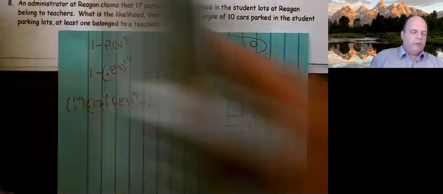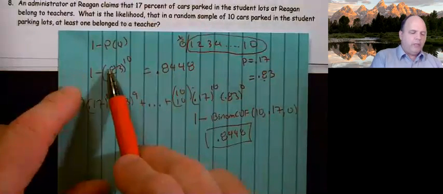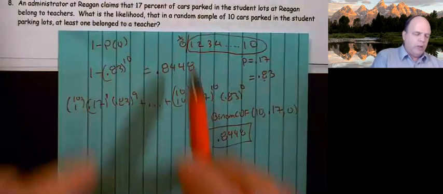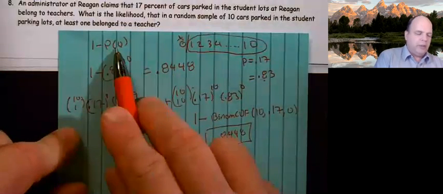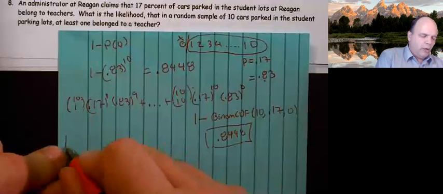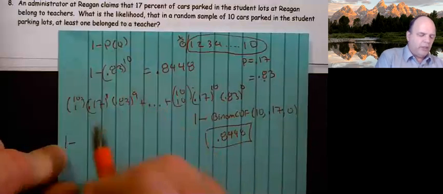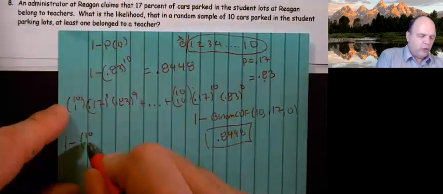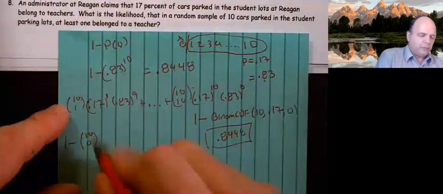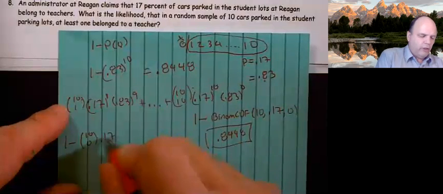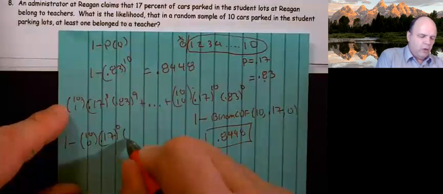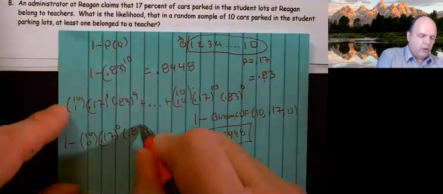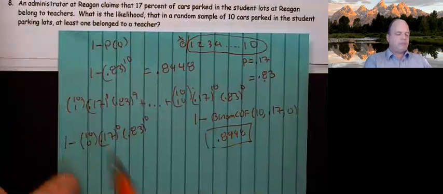Now, how did we make the jump from here to this? How does this relate? Well, really, we're doing 1 minus the probability of 0. So what's the probability of 0 if we're using a binomial? Well, we'd go 10 choose 0, 0.17 to the 0, and then 0.83 to the 10th.